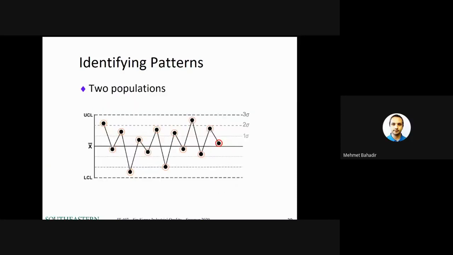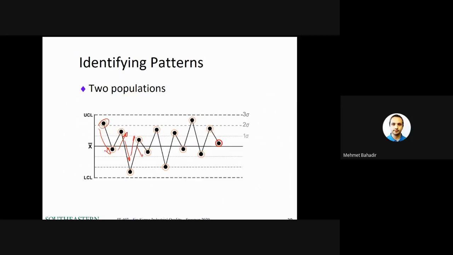In this case, what we see here is the next reading is down, and then it goes up and down, and then up and down. But more importantly, what's happening here is always one data point is up and then the next goes down. It usually happens when you mix the data points from two populations.